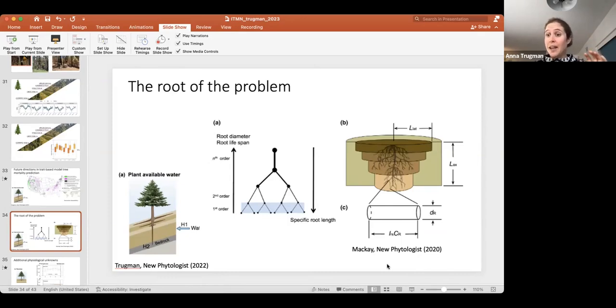But yeah, the architecture is of fundamental importance, and you might expect these changes in trees with different rooting depths within a species, but you can't really dynamically adapt that architecture as a tree to respond to stress over a shorter time period.